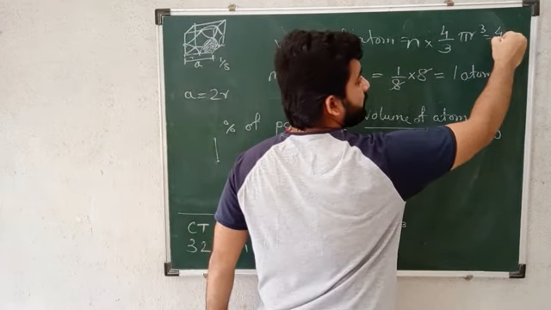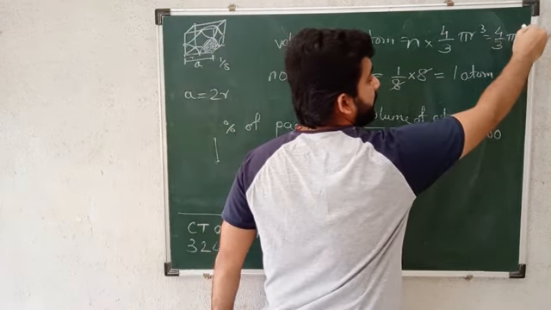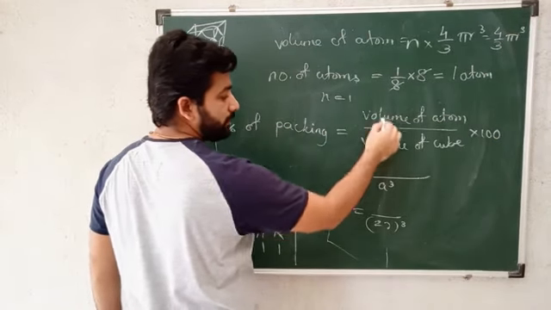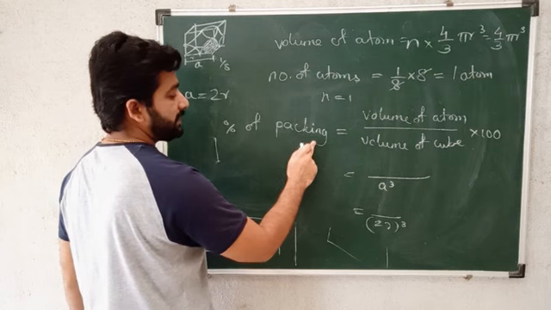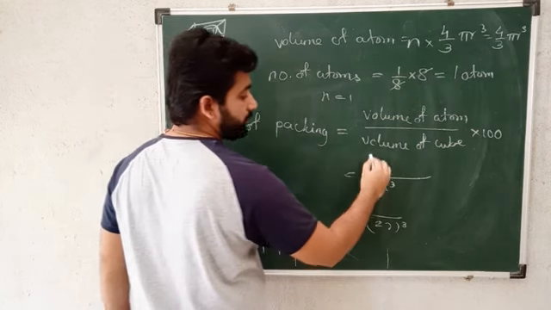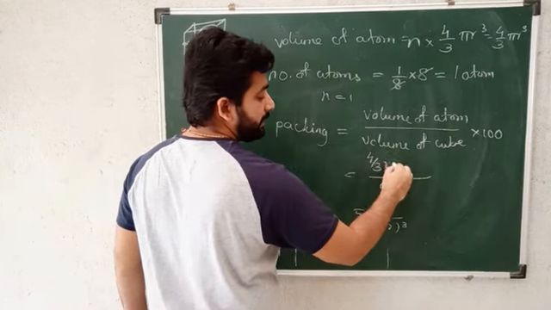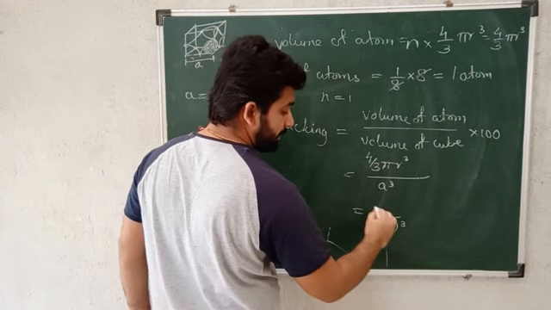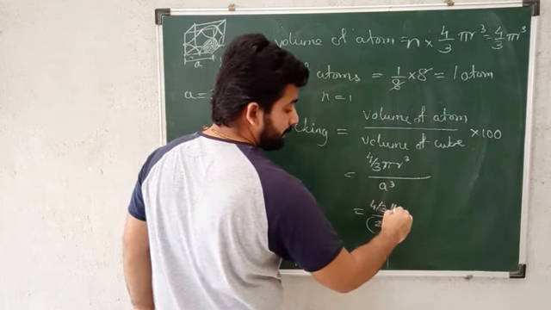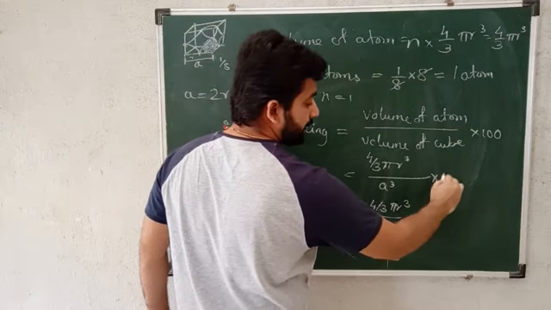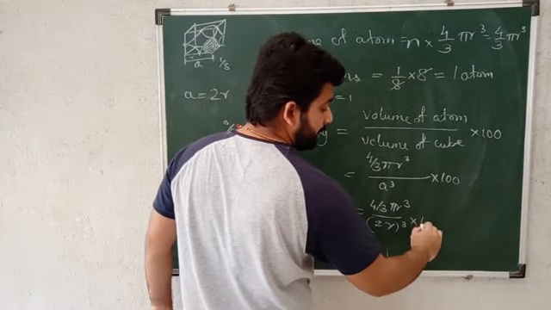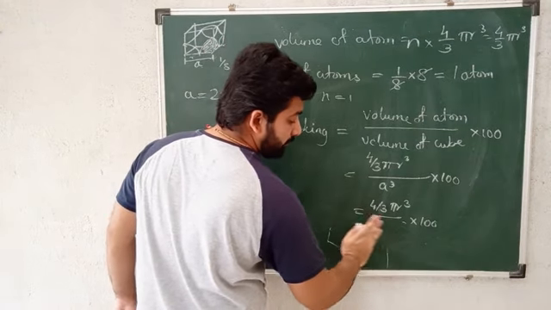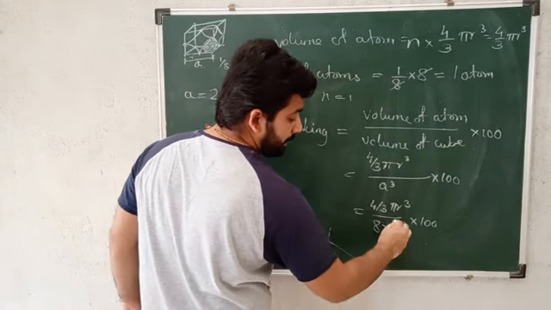So substituting the value of n as equal to 1 over here, we will get the value as 4 by 3 pi r cube. Now we will substitute the volume of atom in percentage packing efficiency. So we will get 4 by 3 pi r cube. So here we will write 4 by 3 pi r cube. Don't forget to write multiplied by 100. Now when we cube this whole term, we will get 8 r cube.